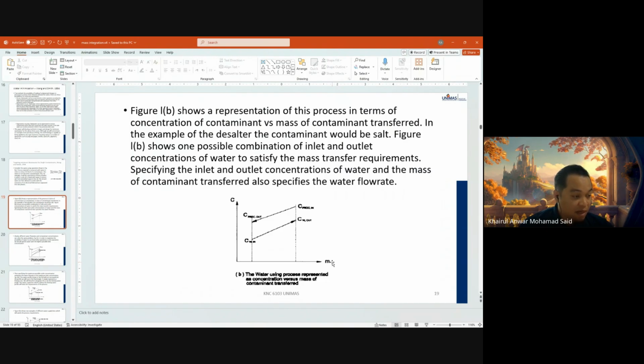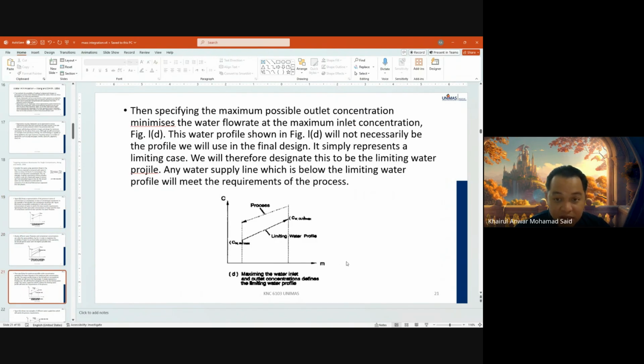So what if we have multiple water using processes in our plant? Normally there are multiple water using processes in the plant. So we plot the limiting water profile of all operations on the same concentration versus mass load graph.